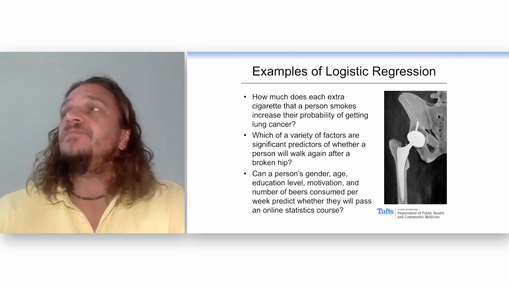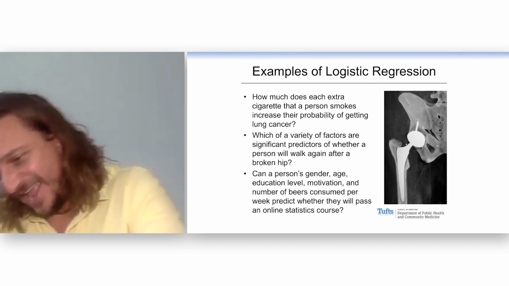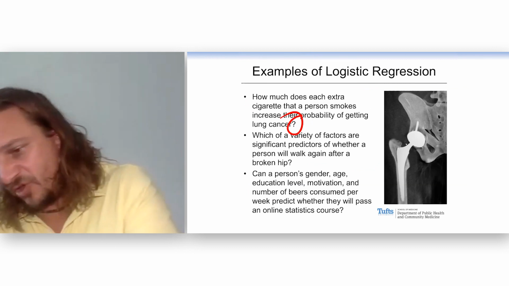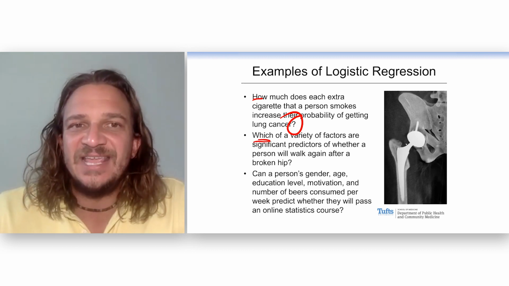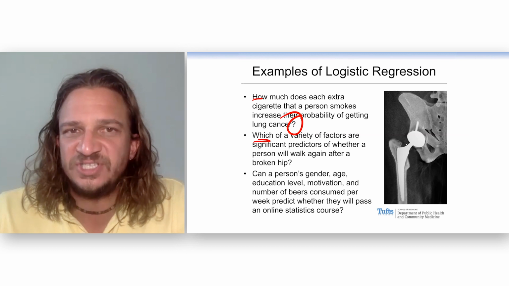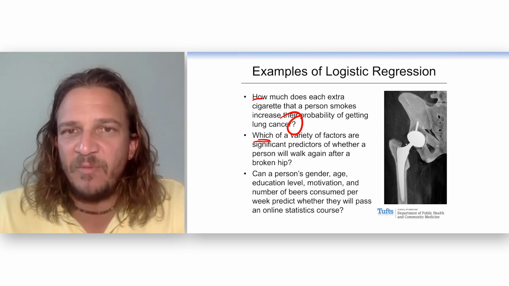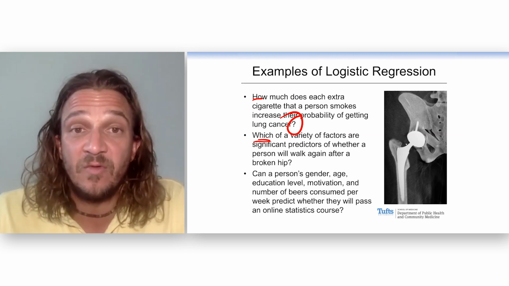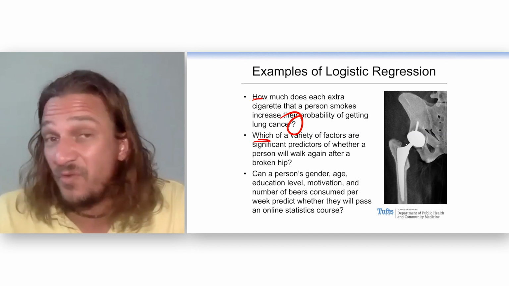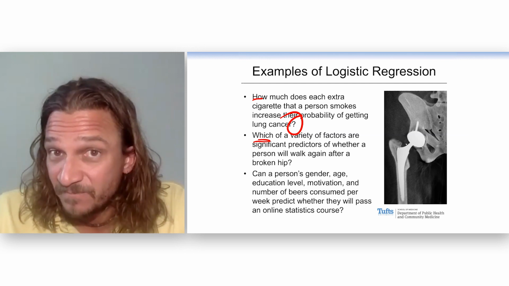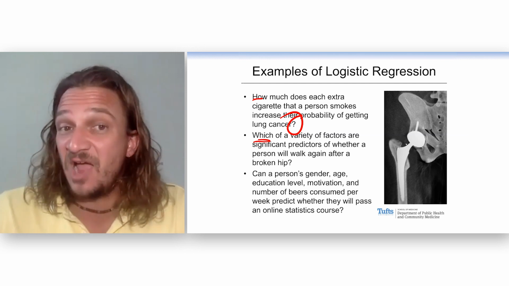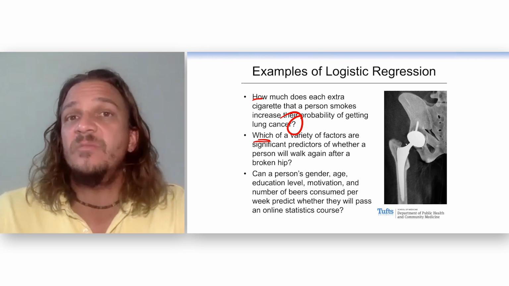Here are some examples. These are research questions. They end with question marks. They start with good question words. How much does each cigarette that a person smokes increase their probability of getting lung cancer? The beginning of that sentence sounds really nice, like a slope. For every additional cigarette, as that X variable gets higher and higher, how does your Y variable change?